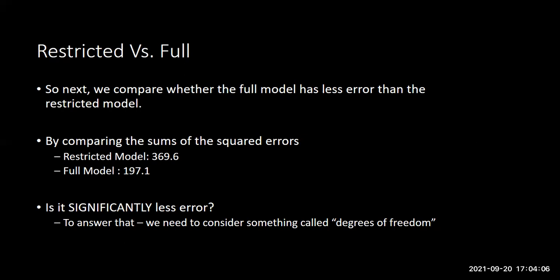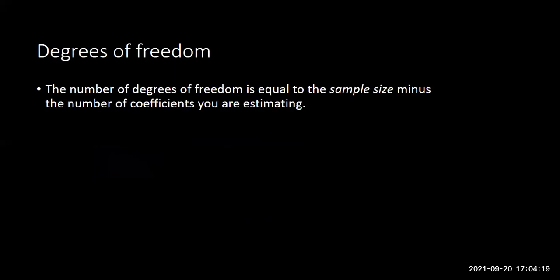To answer that, we need to consider something called degrees of freedom. What's degrees of freedom? It's basically the sample size. It's the sample size minus anything that you're using. All of the coefficients that you're estimating get subtracted. But otherwise, it's the sample size.